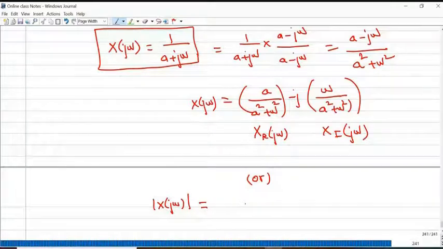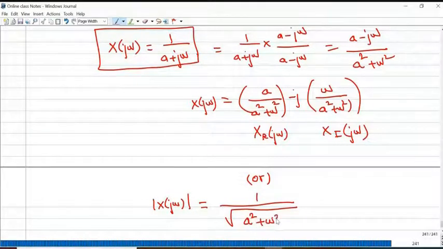So modulus X of j omega is equal to 1 divided by root of a square plus omega square.